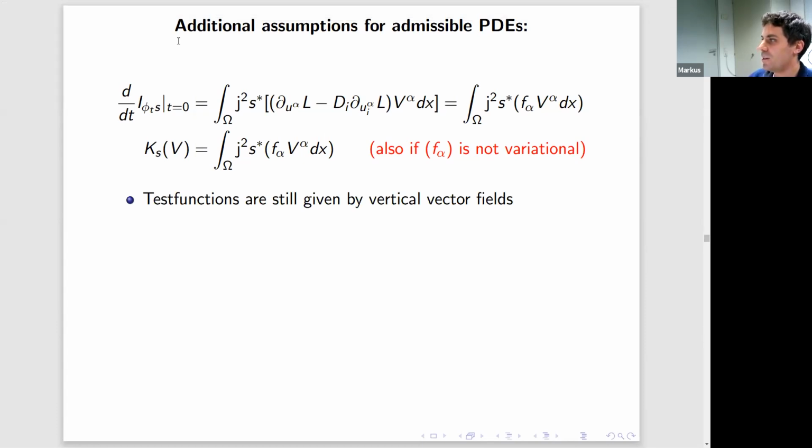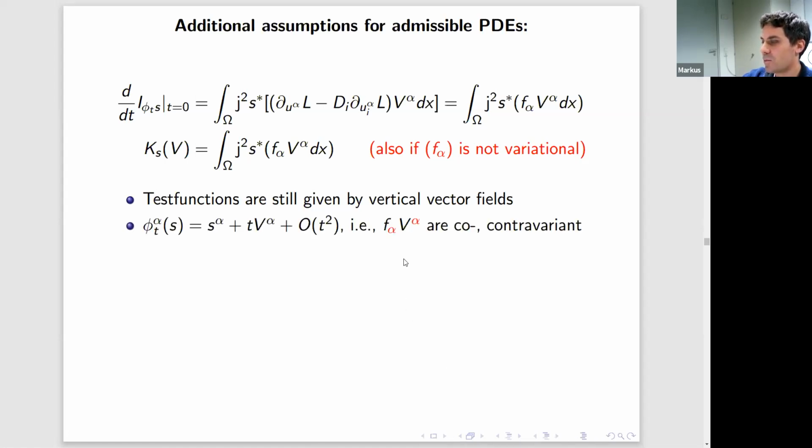I mean, if you say, well, I can prove that the PDE is variational, you can formulate PDEs in many different ways. So we need more restrictions for our PDE now. So the first thing is that test functions will be identified by vertical vector fields.